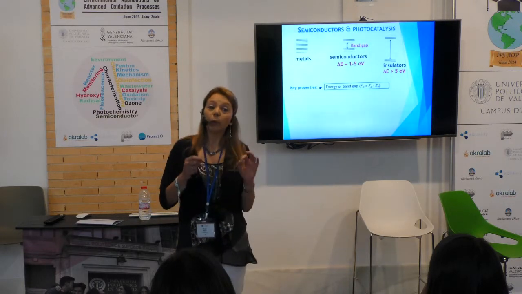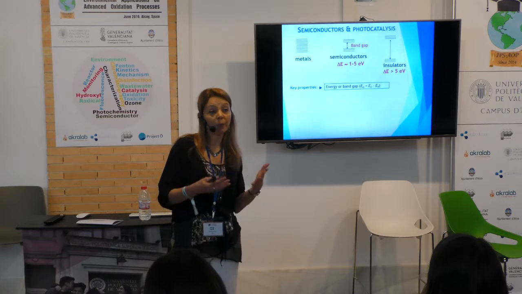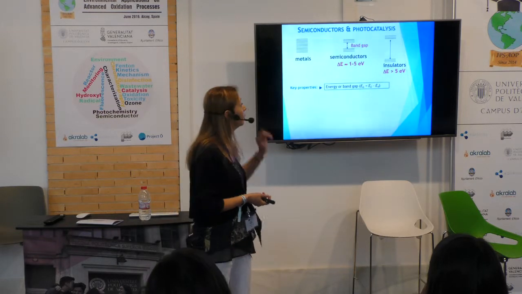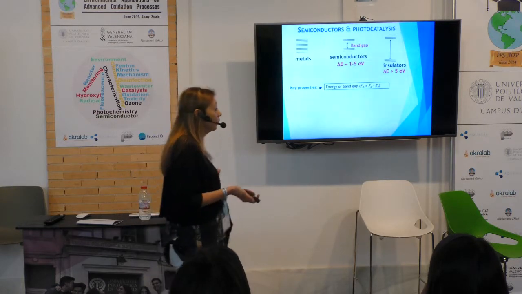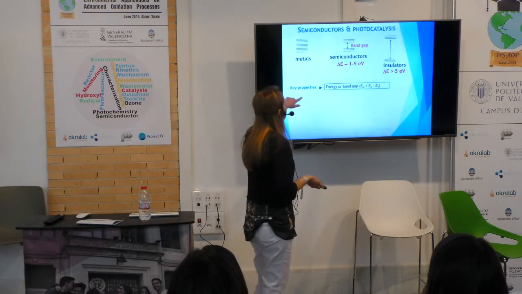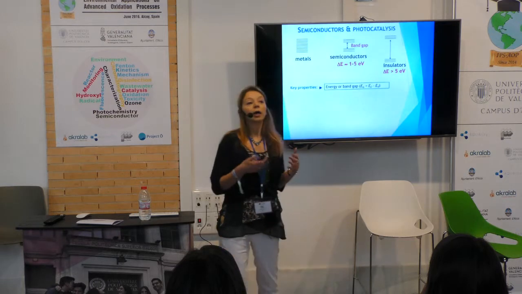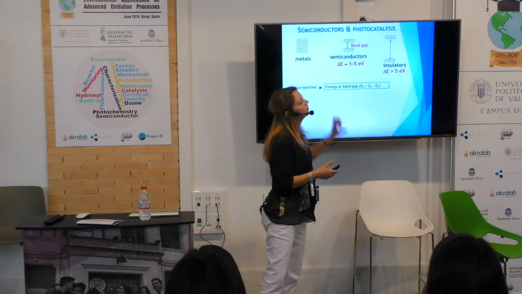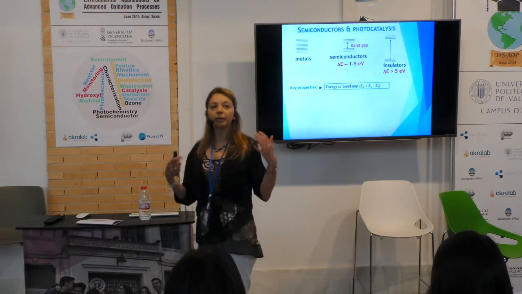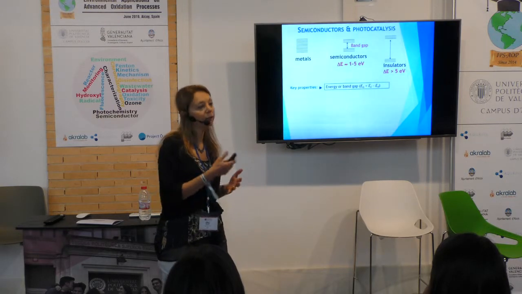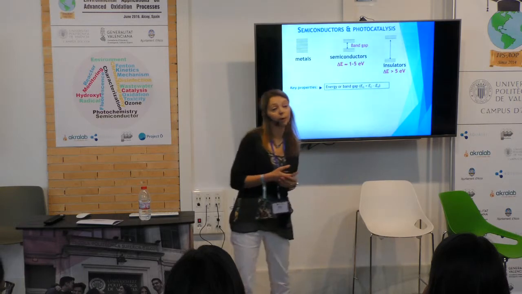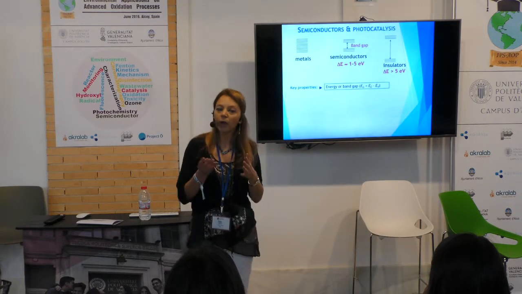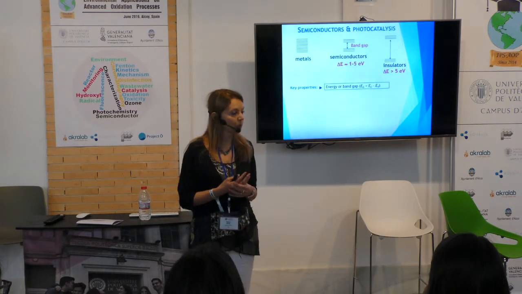Which are the key properties that we have to keep in mind when we are developing photocatalysis using semiconductors? The first thing that we have to face is, of course, the energy gap, and so which is the excitation light that we need to apply to promote electrons from the valence band to the conduction band, and so to create the oxidoreductive species.